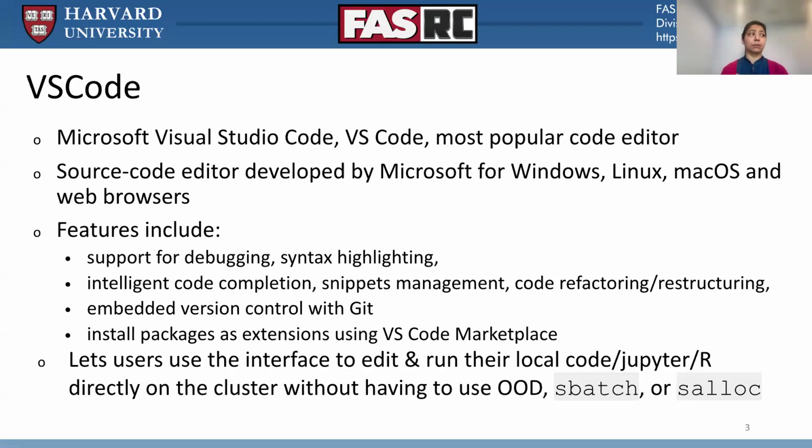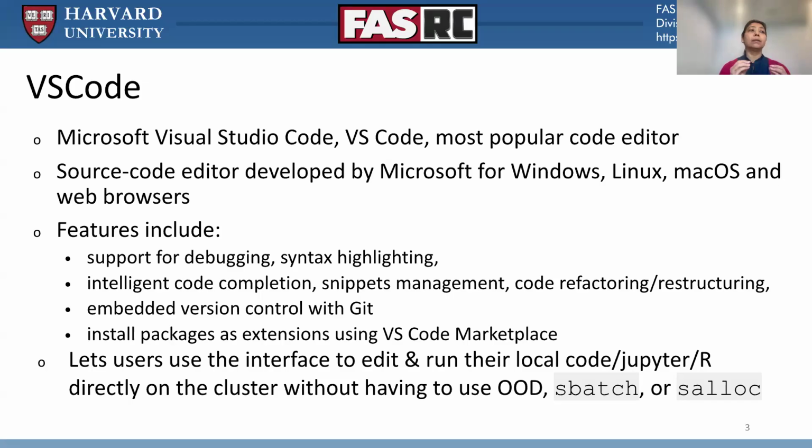And so typically, what we have seen is that it lets our users use this interface to edit and even run their local code, on Jupyter or R, directly on the cluster. They don't need to specially log into the cluster. They don't need to use OOD or submit a batch job or do it interactively. They can just do all of this using VS Code on the cluster.